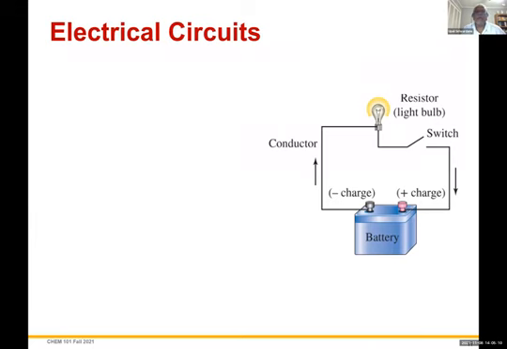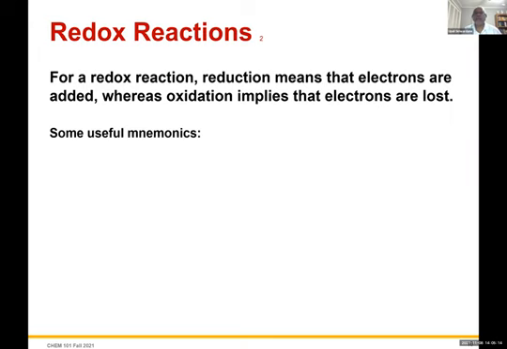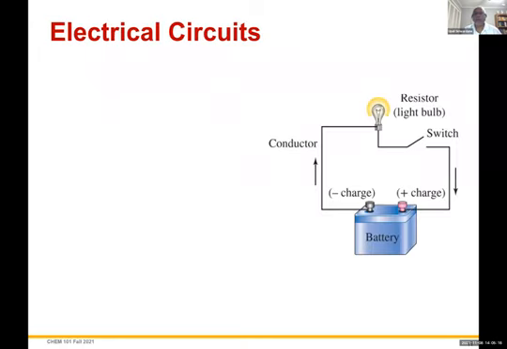Okay. We're going to look into more details of galvanic cells. There's a battery. Positive charge is the cathode. What did I say? At the cathode, reduction takes place. Negative charge is the anode. Anode is where oxidation takes place.